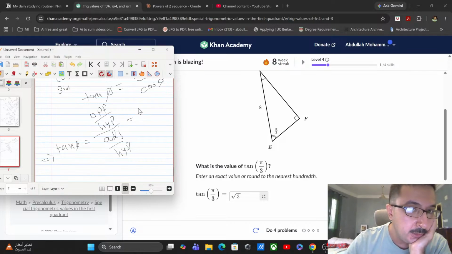So it's gonna be opposite over hypotenuse dot product.